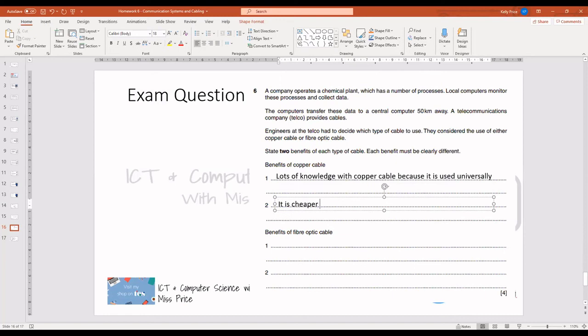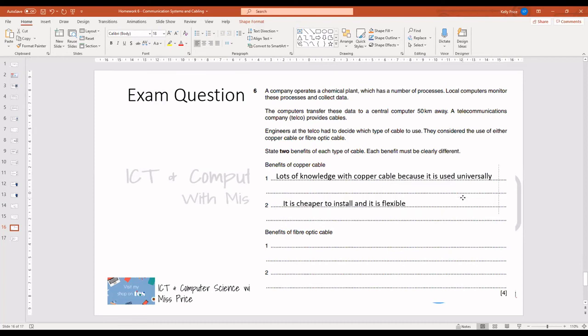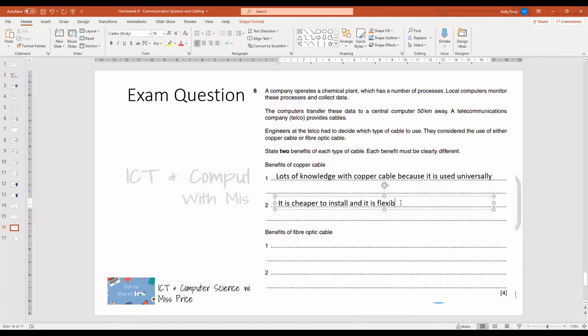It is cheaper to install and, what else? And it is flexible. Okay, so I'm going to put that in. Now that could be two benefits there, but I'm going to say it's cheaper to install. Just leave it at that.